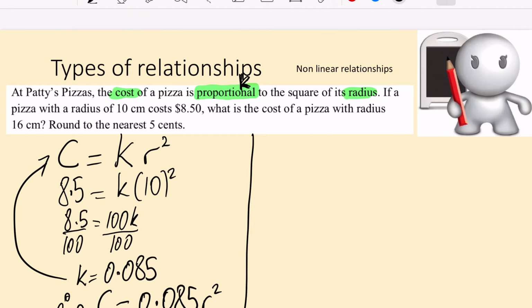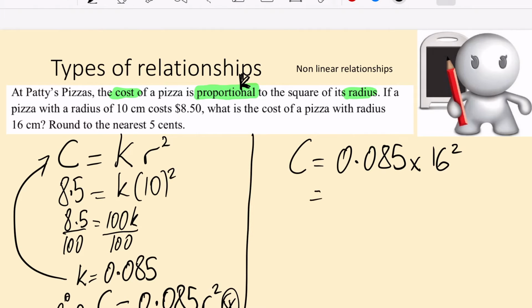So I've done all of this work after reading the first two sentences. Now when you read on a little bit further, it's going to give you something to use this formula to solve the final bit of the question. So let's read, and it's asking us what is the cost of the pizza if the radius is 16. So I'm going to multiply 0.085 by 16. Don't forget it is radius squared, so 16 squared.